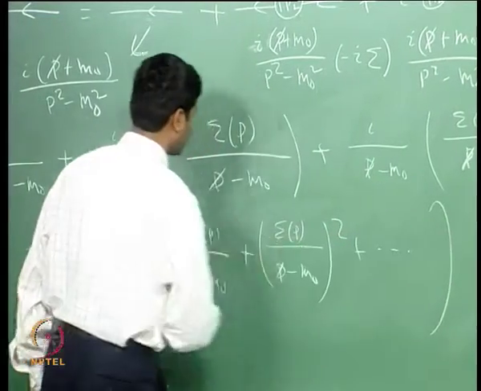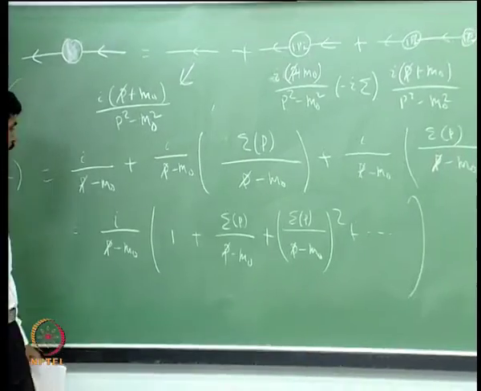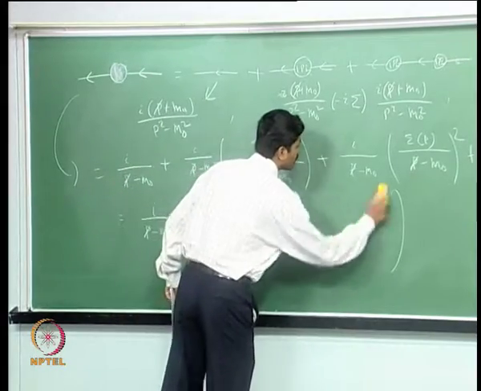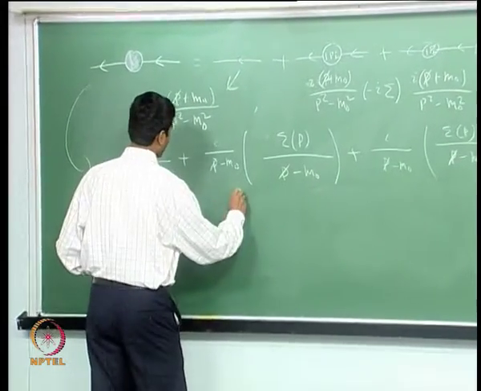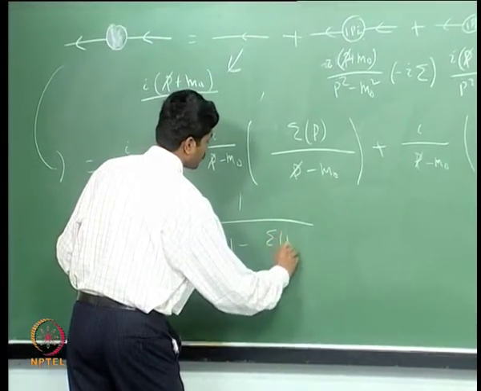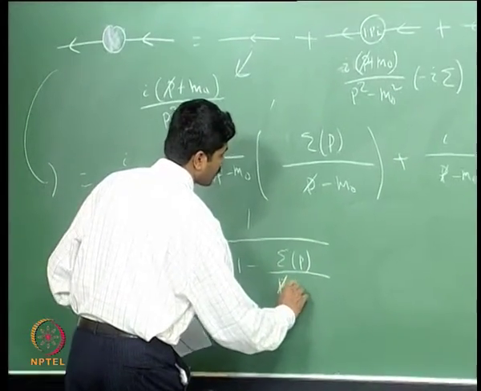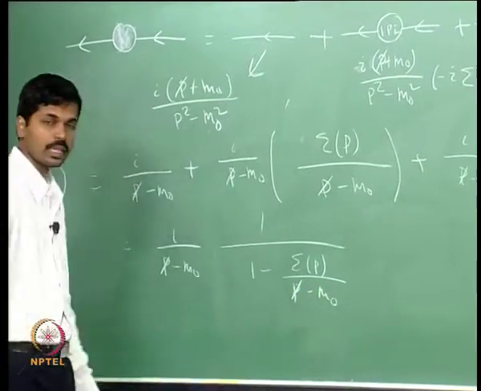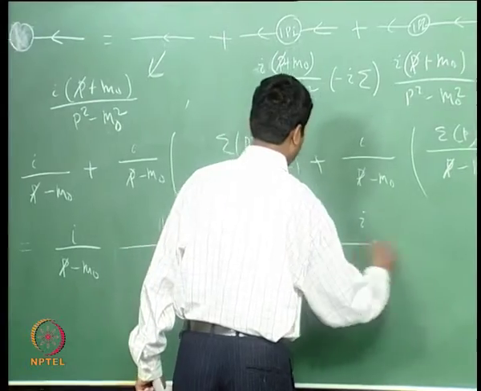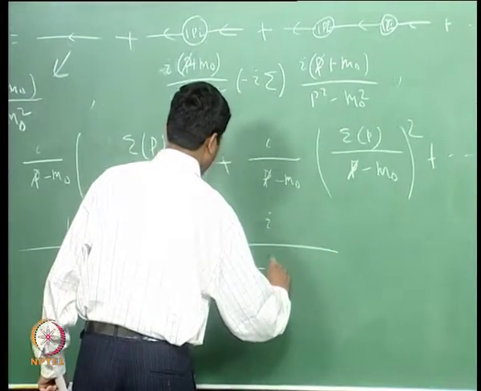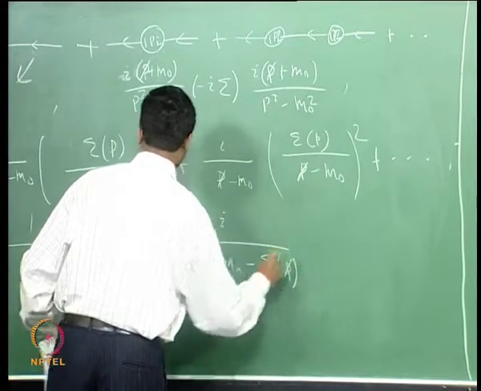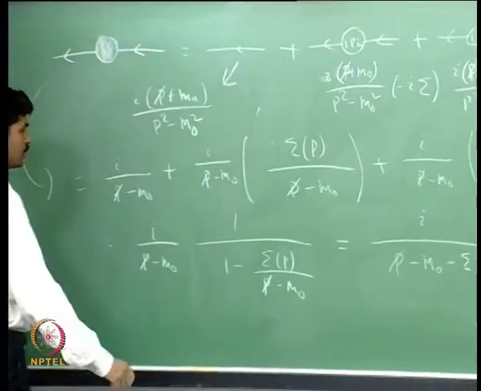You can see this is a geometric series, you can sum it up exactly, and when you do, at the end of the day what you get is this times 1 over 1 minus sigma of p divided by (p-slash minus m0). So you can take it inside the denominator and multiply, and what you have is simply 1 over (p-slash minus m0 minus sigma of p-slash). So everything will involve p-slash only.